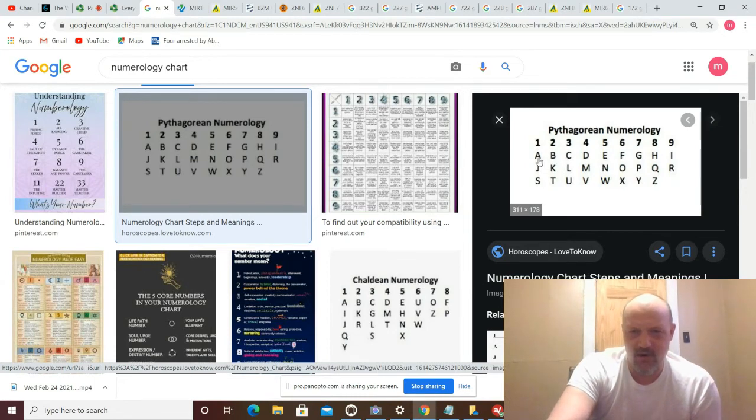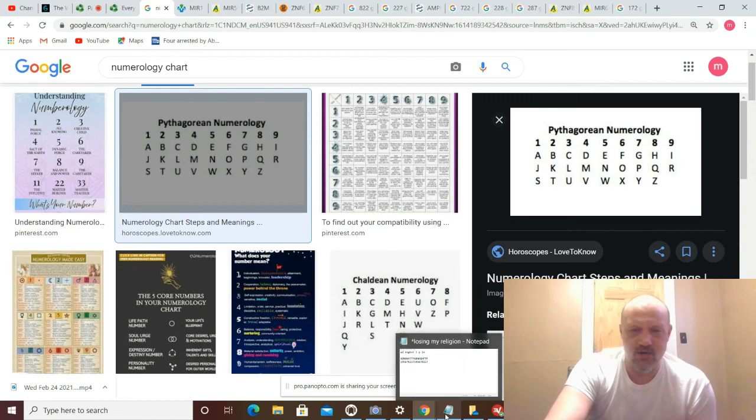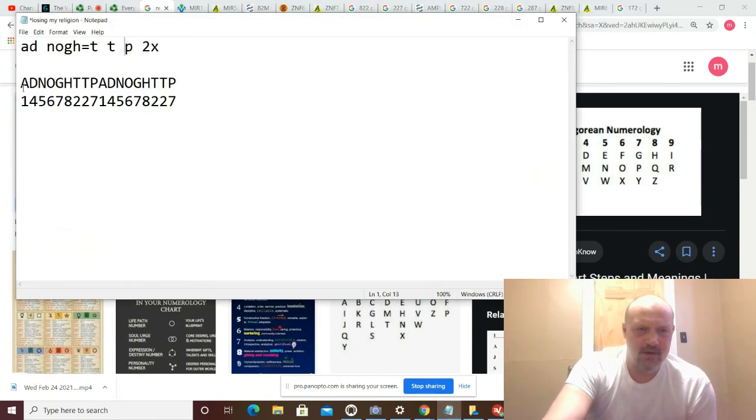As you can see, A is 1, D is 4, N is 5, O is 6, G is 7, H is 8, T is 2, T is 2 twice, and P is 7, and that repeats. So your numbers then become 1, 4, 5, 6, 7, 8, 2, 2, 7.